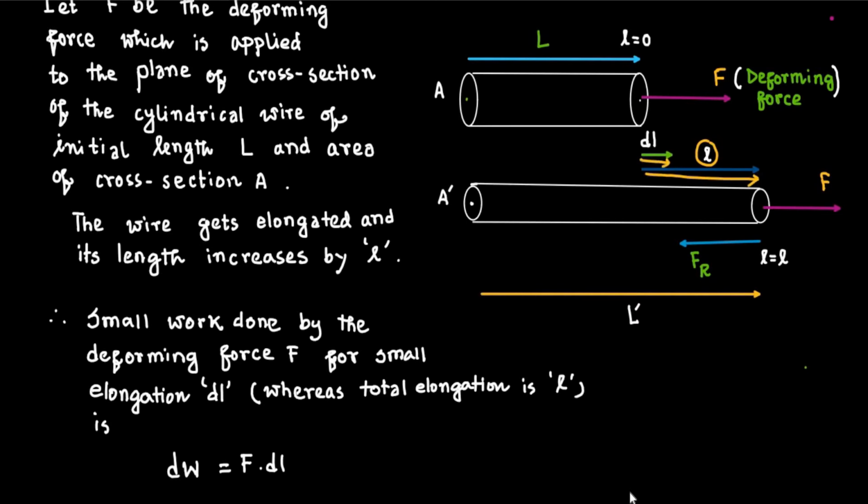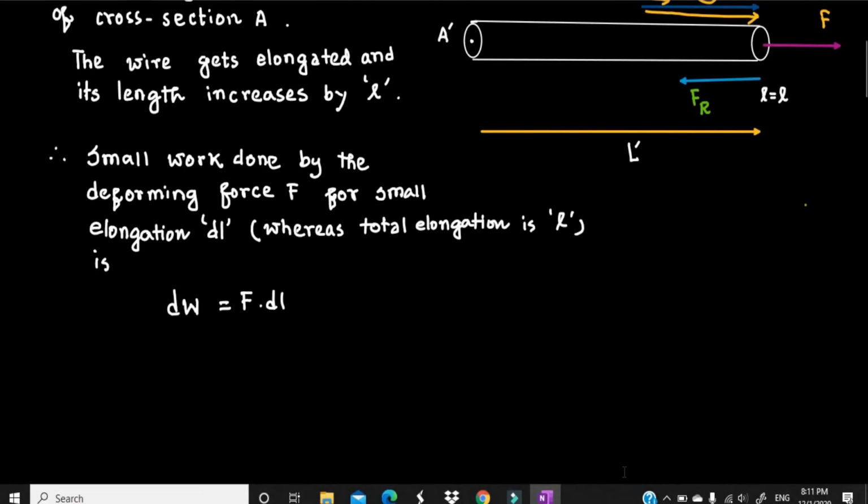In the diagram, dl is the small elongation, and the small work done for this small elongation by the deforming force is dW.